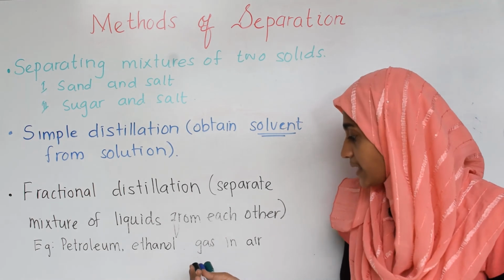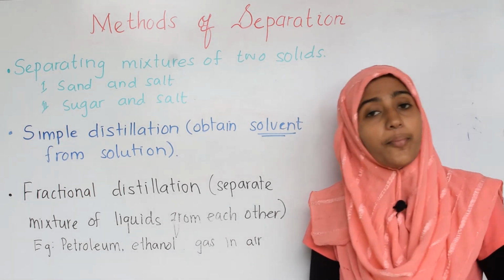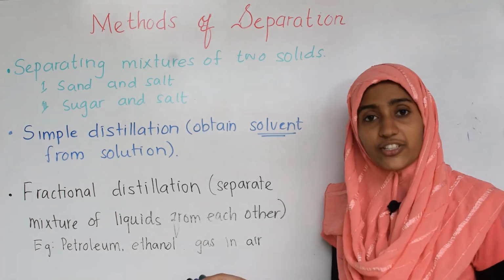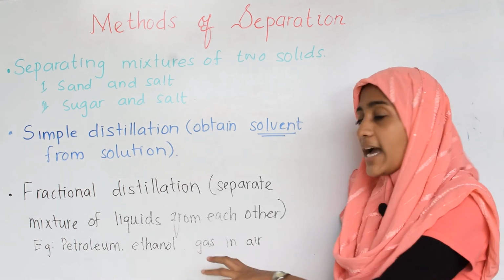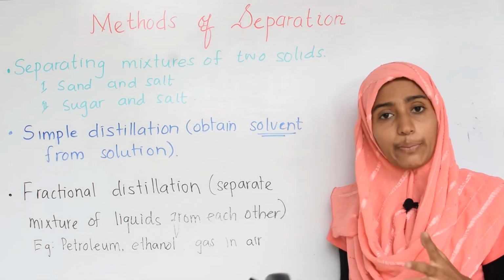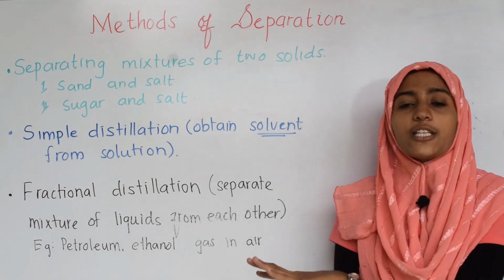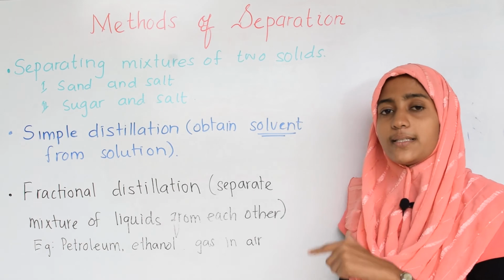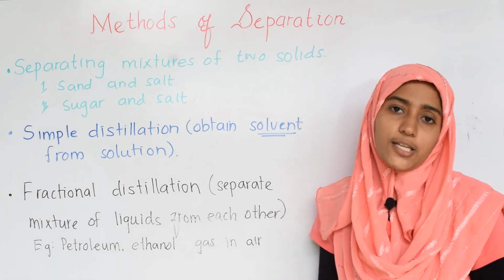Then we also can get different gases from air through fractional distillation. In that case, gas is first cooled down, it's liquefied. Once we get the liquid gas, using this process, one by one gases can be extracted using fractional distillation process.